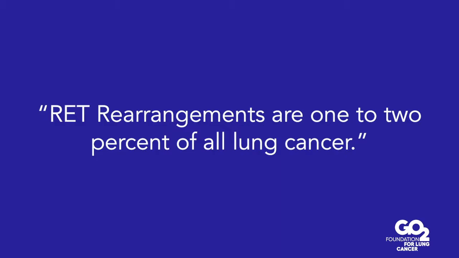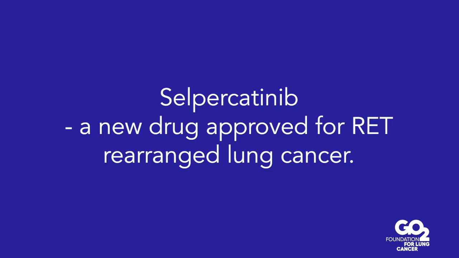So, looking at things like RET rearrangements. RET rearrangements are the new darling child for lung cancer. They are around 1 to 2% of all lung cancer. If you can identify a RET rearranged lung cancer, we have a new drug approved called Selpercatinib. It's an oral therapy. It's well tolerated. It exquisitely attacks the tumor.